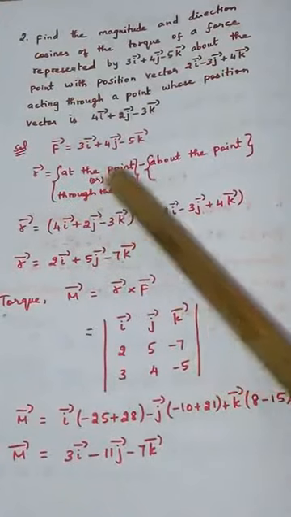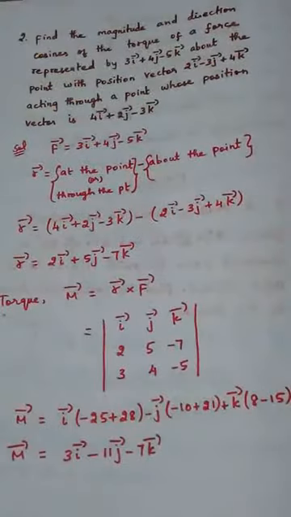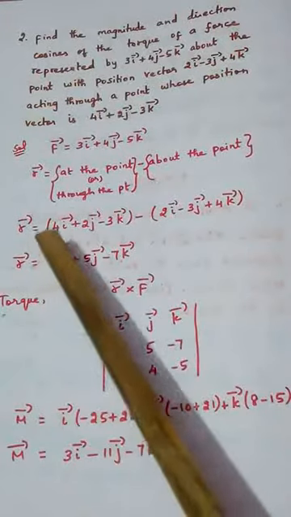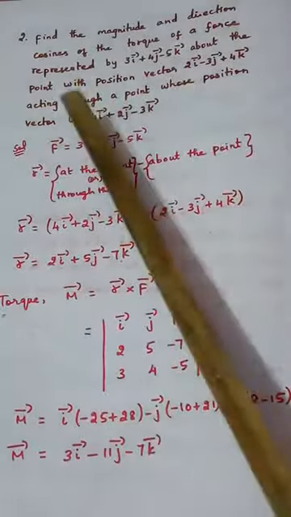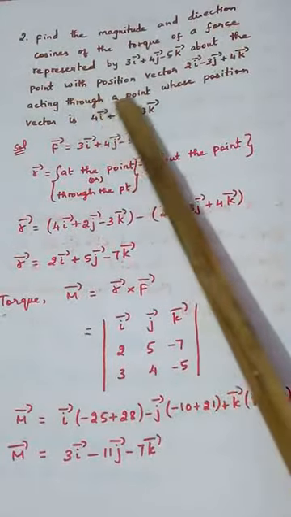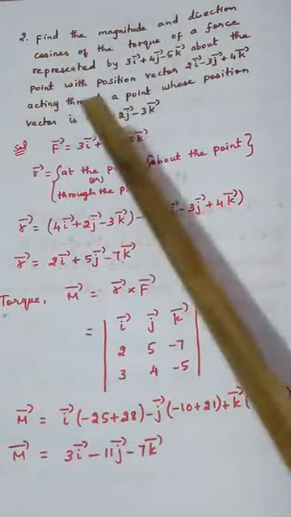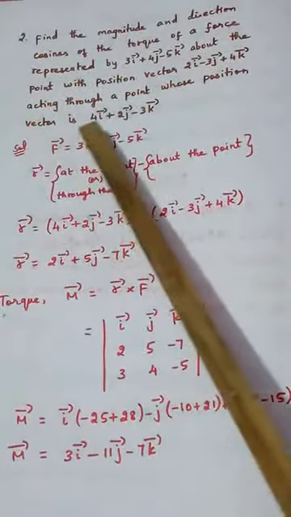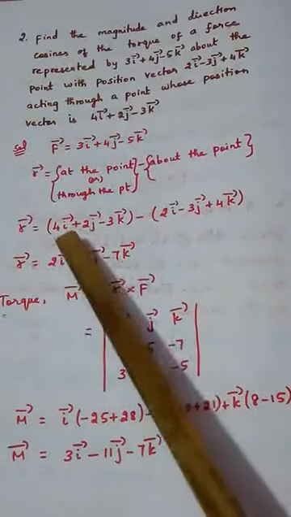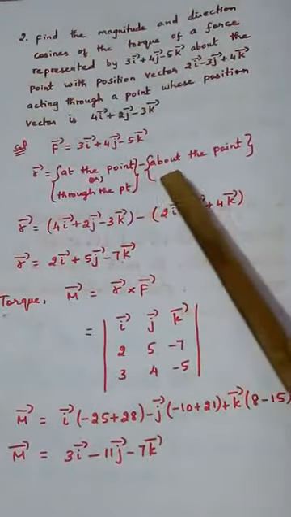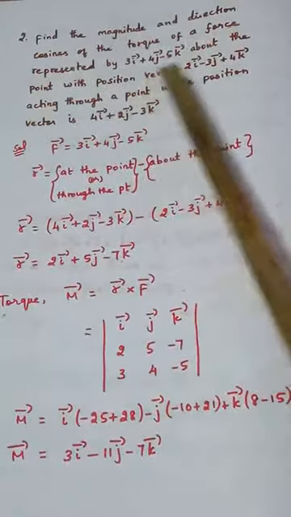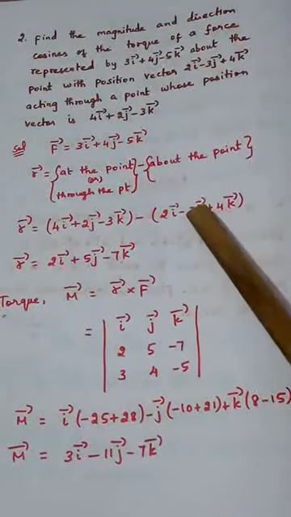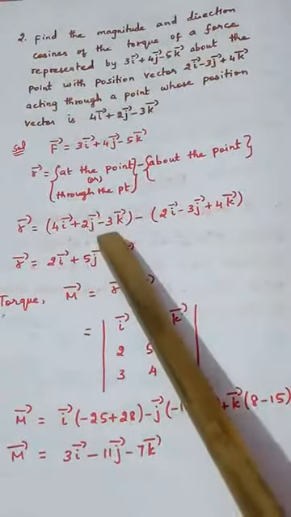So R vector is equal to, see, it is given in the question: about the point with this position vector and through a point. So through the point should come first, through a point whose position vector is 4i plus 2j minus 3k, minus about the point, which should come second. By subtracting these two, we will get this answer.